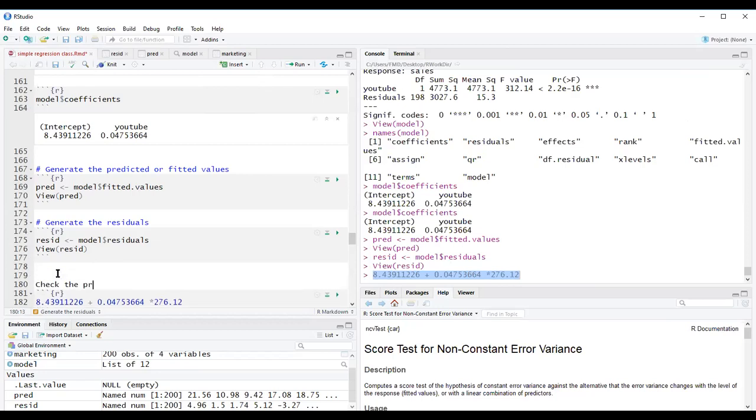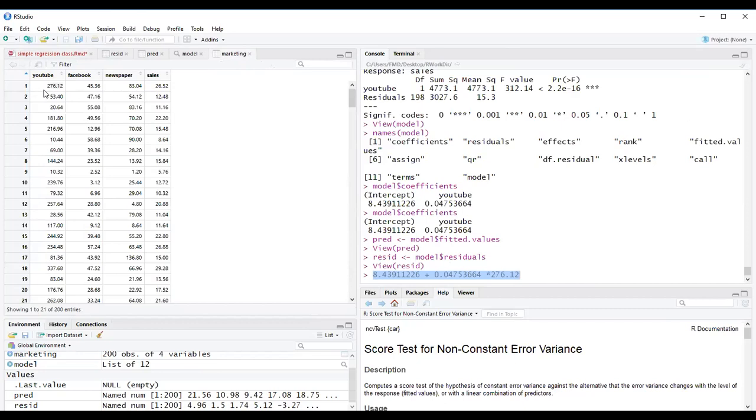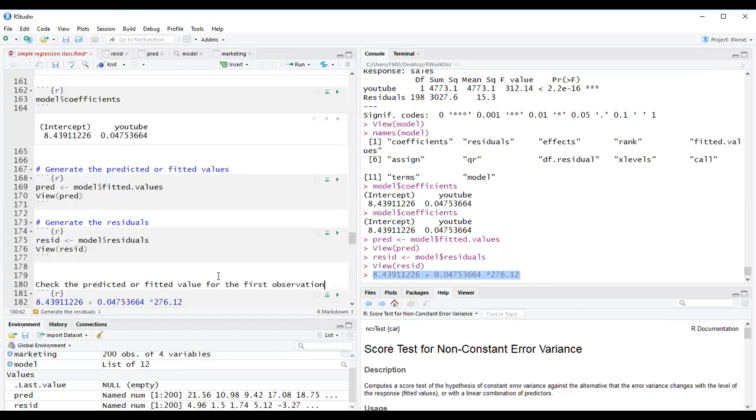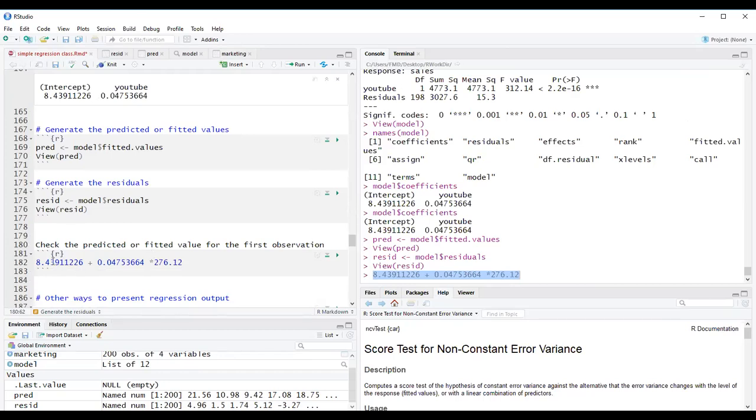Check the predicted. Okay, what's the first observation in our data? Our first observation is YouTube is 276.12. So I copied that, because we're going to generate our equation, the equation B sub 0 plus B sub 1 times YouTube. Here it is, guys. 8.439, which I copied here from the intercept, plus B1 times YouTube.